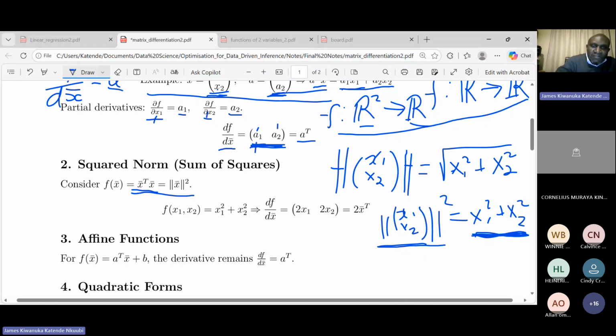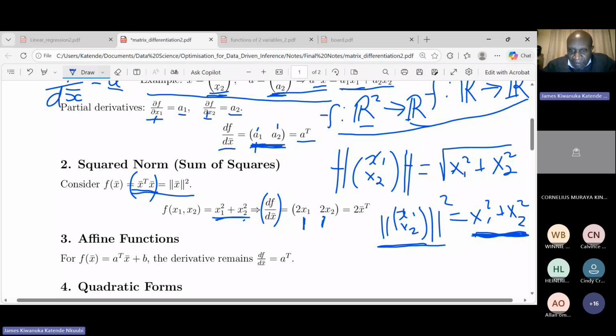So anytime you have some function expressed in that form, you can get the partial derivatives of this function. With respect to x1, it will be 2x1, which becomes the first entry of your derivative. And with respect to x2, it will be 2x2, which becomes the second entry in your derivative matrix.